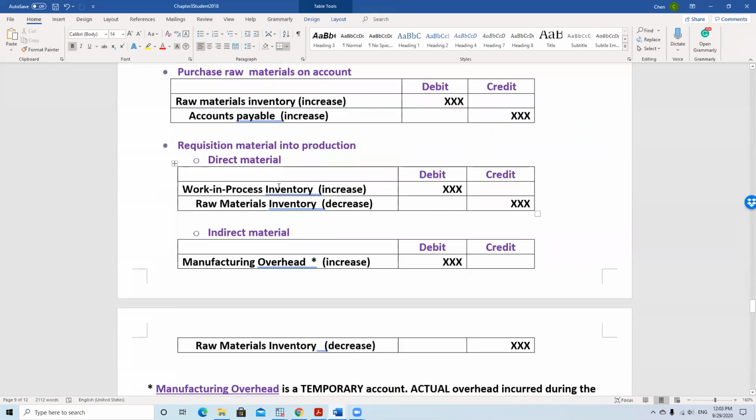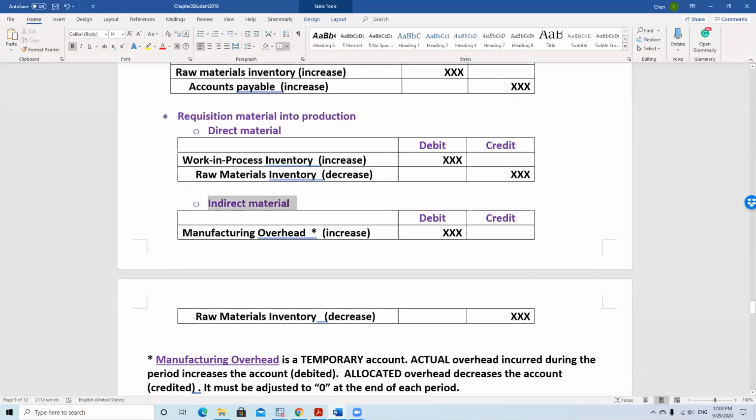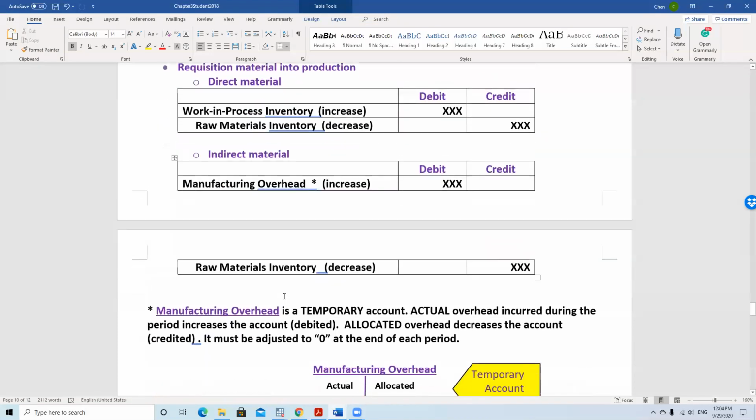That work in progress inventory has a debit, and that's an increase, and then raw material inventory decreases. And for indirect material, you remember that indirect materials are actually manufacturing overhead. Then we do a manufacturing overhead debit, and then we credit raw material inventory. Then we have a decrease in raw material inventory, but we have an increase in manufacturing overhead.